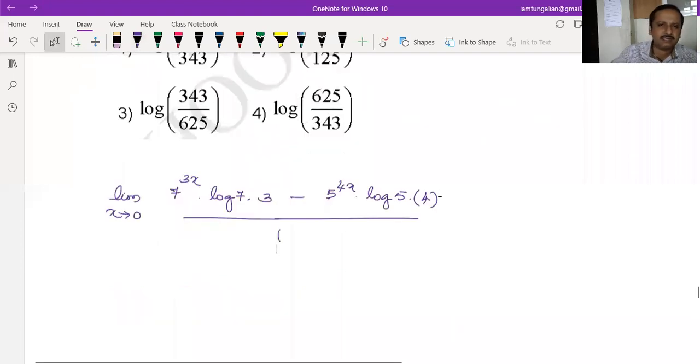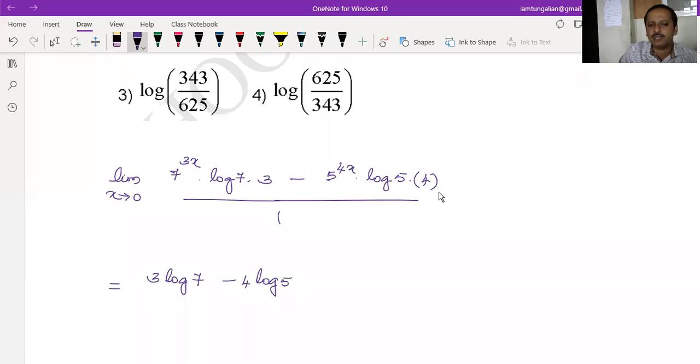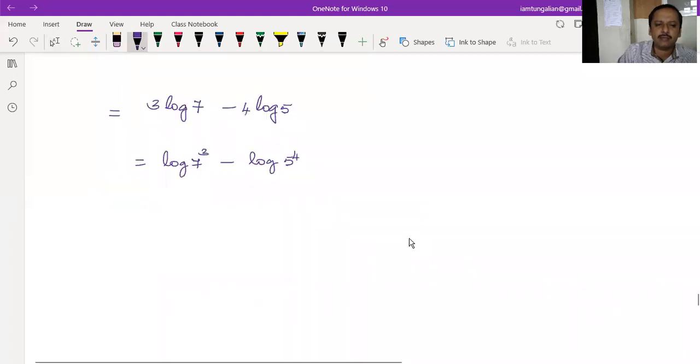Now apply the limit as x tends to 0. 7 power 0 is 1, so this will give you log 7 into 3. So 3 log 7 minus 4 log 5. 5 power 0 is 1, so into log 5 into 4, that is 4 log 5. 3 log 7 is nothing but log 7 cube, minus log 5 power 4. Log m minus log n is equal to log m by n.